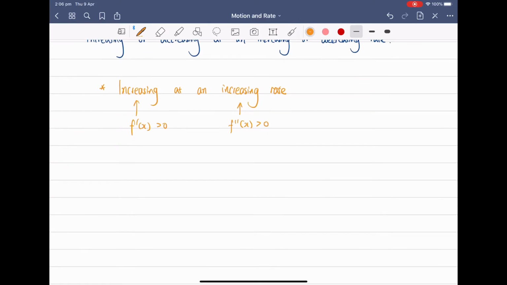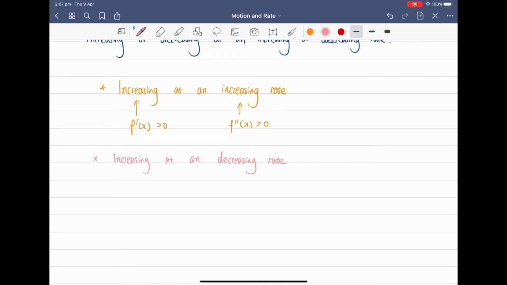All right, so the next one is increasing at a decreasing rate. So eventually, if an object is moving, it is increasing speed at a decreasing rate.